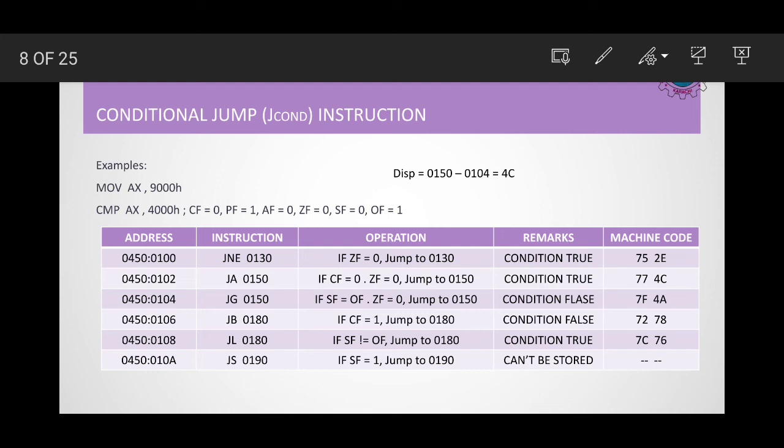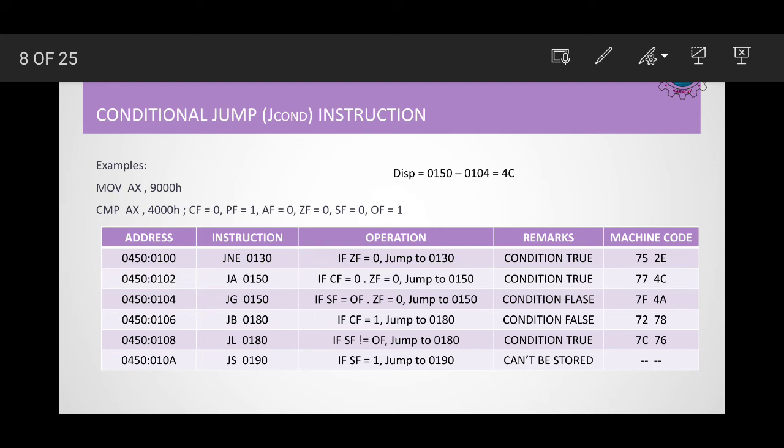So here sign flag has logic 0 while overflow flag has logic 1. So the first condition for JG is not satisfied here, but zero flag is 0. But the first condition, sign flag equivalent to overflow flag, is not satisfied. That's why the condition is false for this instruction.